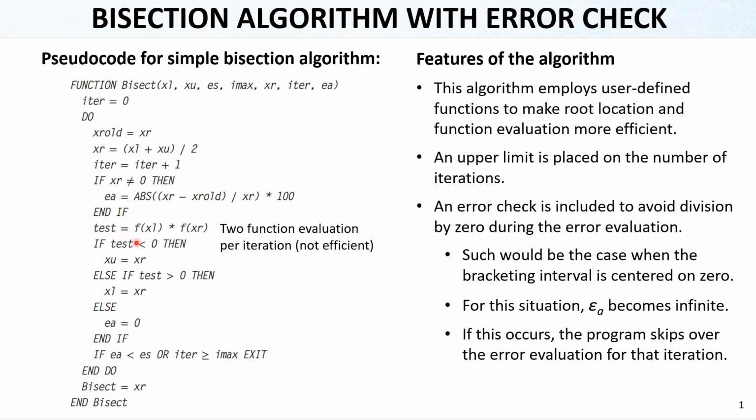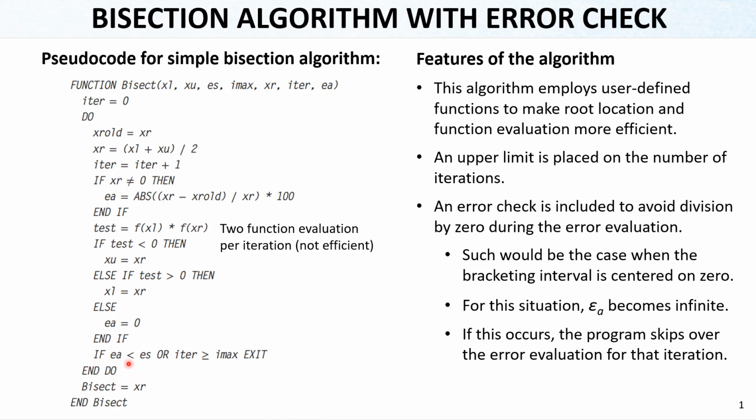And we need to test if the lower bound times XR is lower than 0 or greater than 0. If lower than 0, then the upper bound is changing. If greater than 0, then the lower bound is changing to the midpoint, the new midpoint calculated here. Otherwise, if it is equal, then the error is 0 and we stop here.